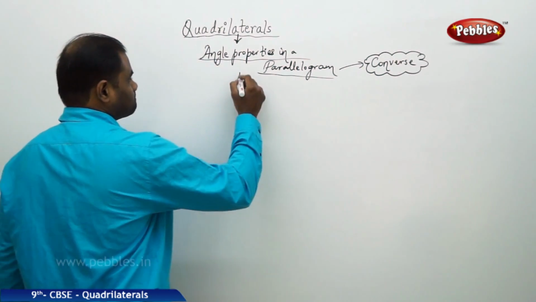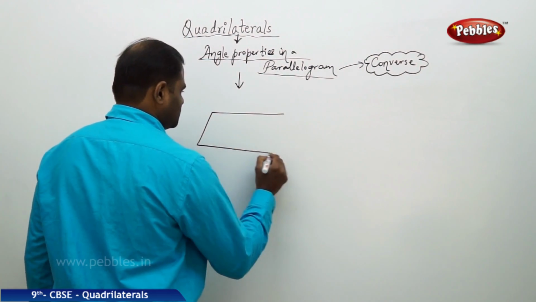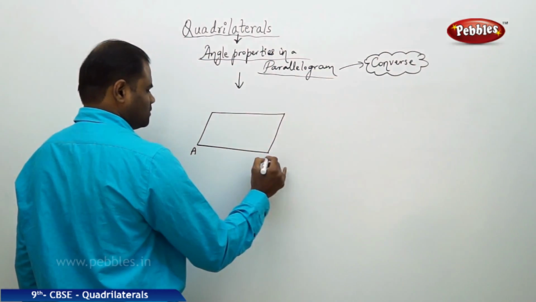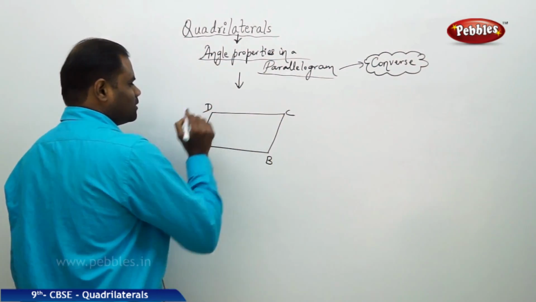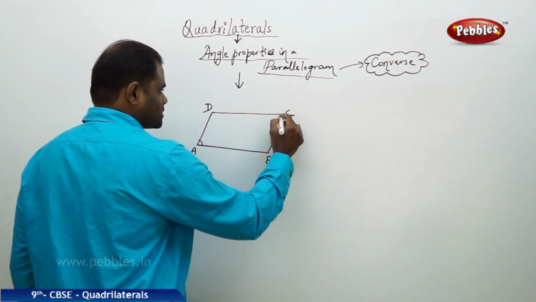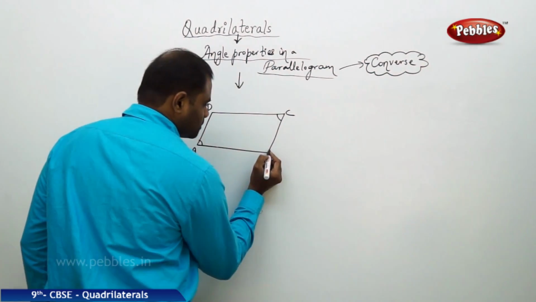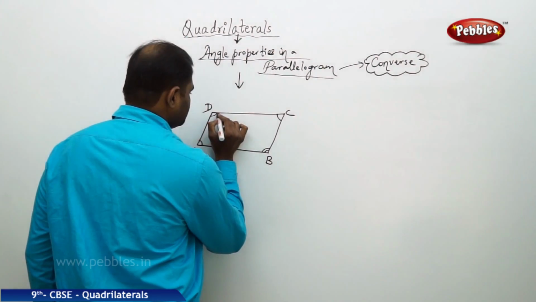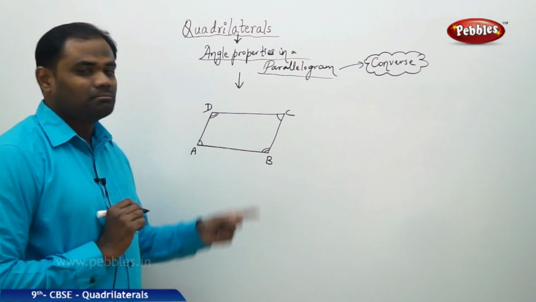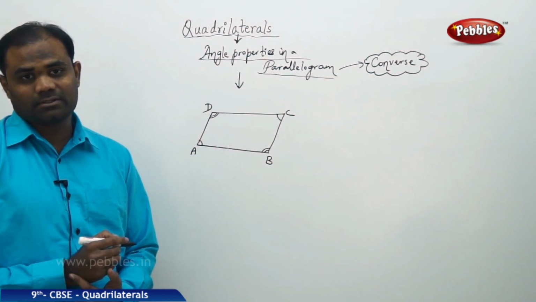So imagine I take a quadrilateral ABCD, which is not a parallelogram yet. I say my opposite angles, angle A and angle C, are equal, and my other set of opposite angles are equal, then this quadrilateral must form a parallelogram, is how the property defines.